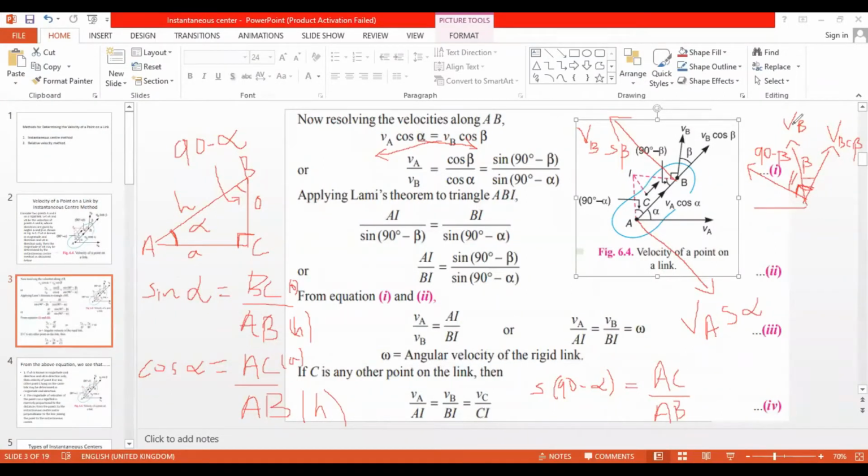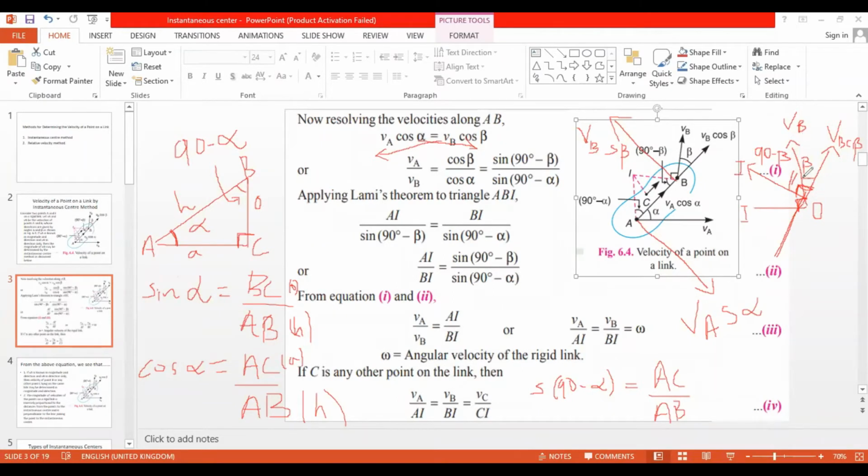This VB, this I is perpendicular, and here I have the AB. So this will be going like this. If this is a perpendicular, this whole angle is 90. So VB, I put this as O. VBOI is a right angle, and if 90 minus beta is there, that is VBOI.